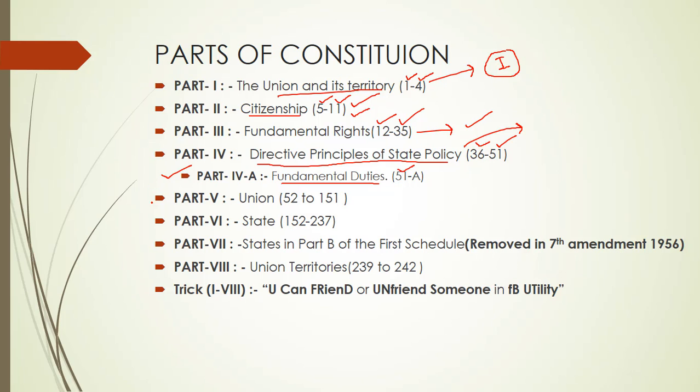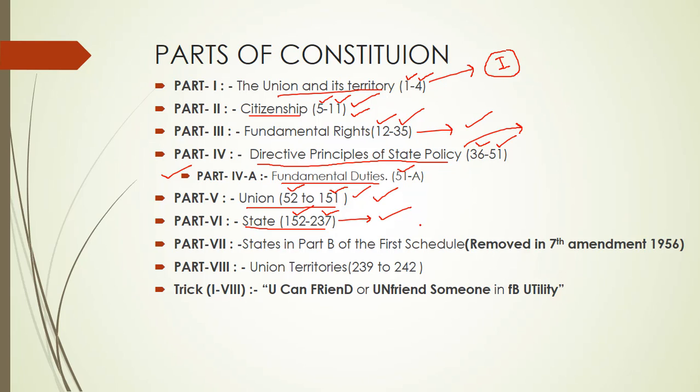Part 5 of the Indian Constitution, that is the Union, goes from Article 52 to Article 151, and the basic structure of the central government comes under this part, and the judiciary under the Supreme Court is also under this part. Part 6, that is the State, goes from Article 152 to Article 237. The basic structure of the state comes under this part, and also the judiciary under the High Court.